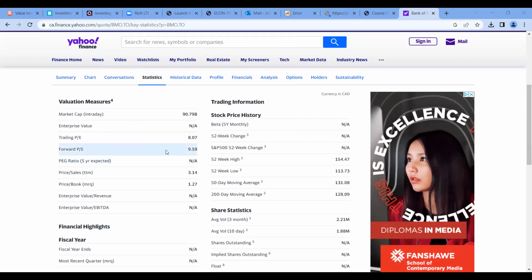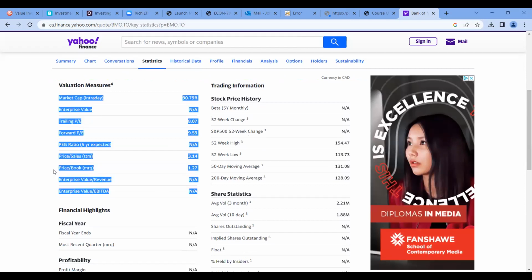P/E is the price to earnings ratio here. It's about 8.07, and that's pretty low. We want a low P/E, so that's good for us here.